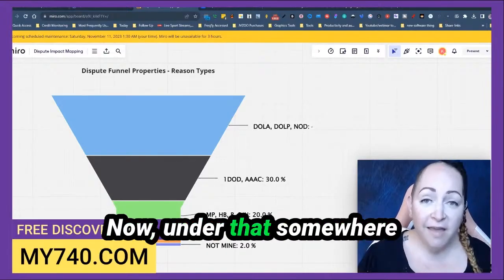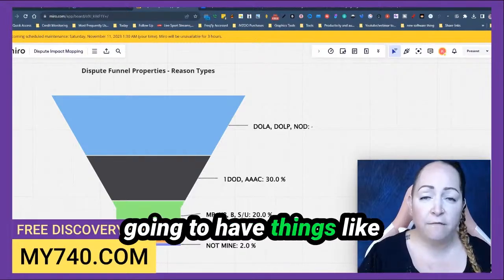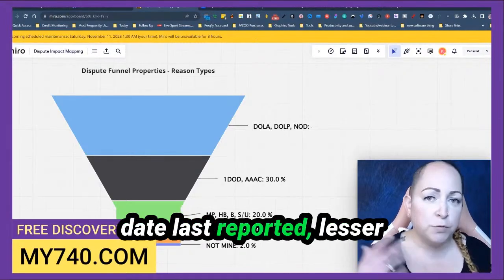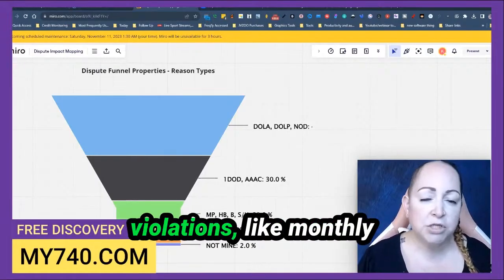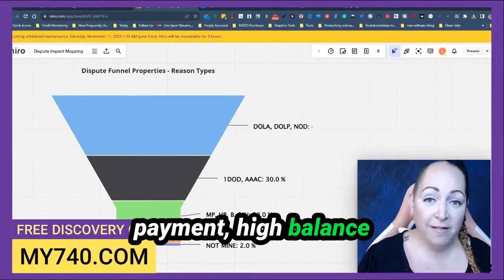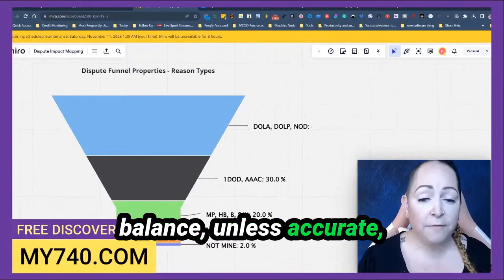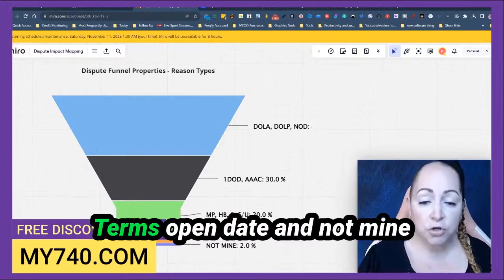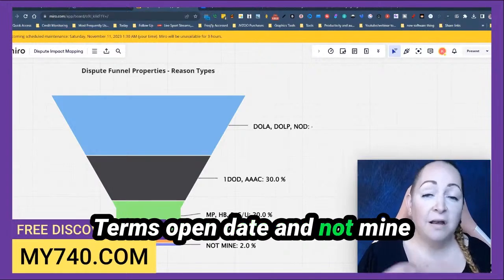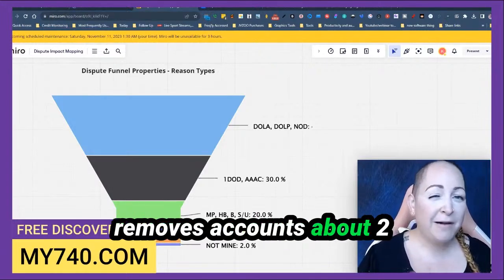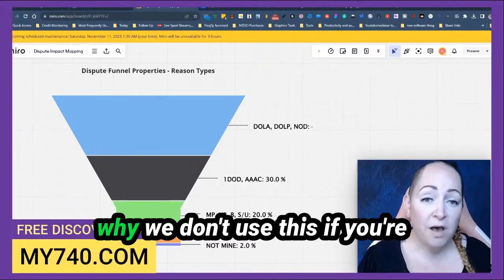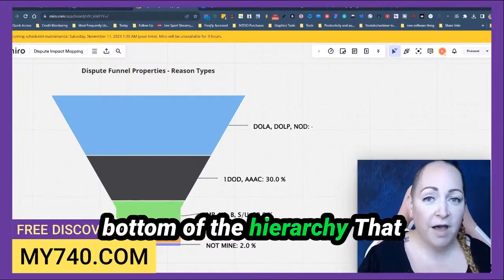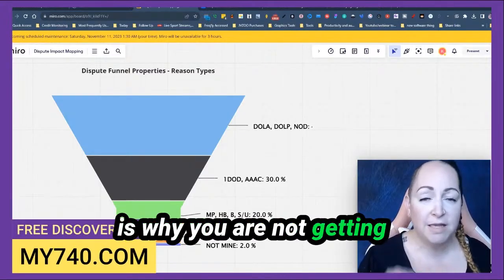Now, under that, somewhere in the middle, we're going to have things like account activity after the account was closed, date last reported, lesser violations like monthly payment, high balance, balance and less accurate, the status update date, and limit type terms, open date, and not mine removes accounts about 2% of the time. This is why we don't use this. If you're using a dispute reason at the bottom of the hierarchy, that is why you are not getting deletions.